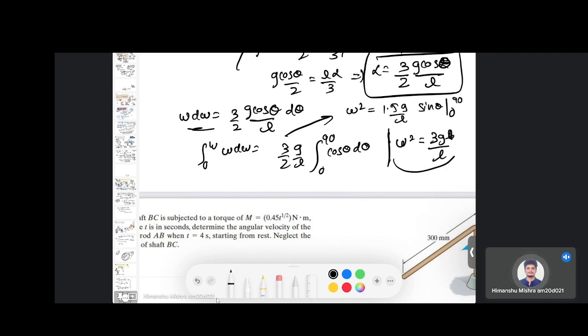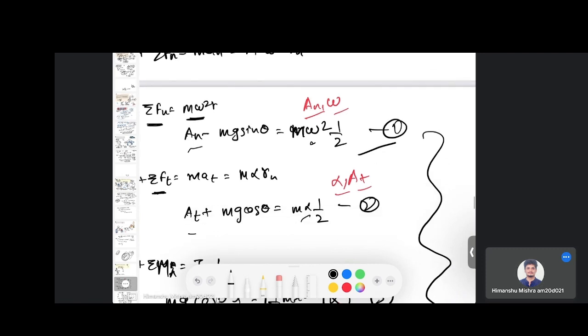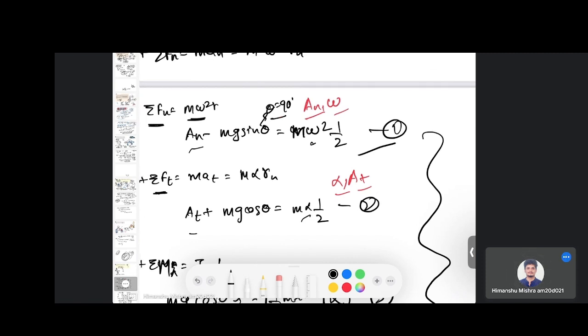Now you can put this expression of omega in equation 1 and solve when theta equals 90. At this theta we need to find the unknown quantities, which is given.